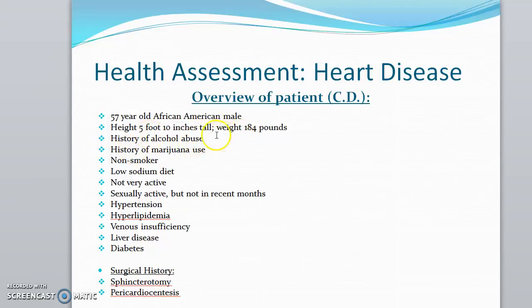You can see the height and weight, history of alcohol abuse and marijuana use, non-smoker in terms of cigarettes. You can see the kind of diet the patient is on, and the other health history and surgical history of this patient.